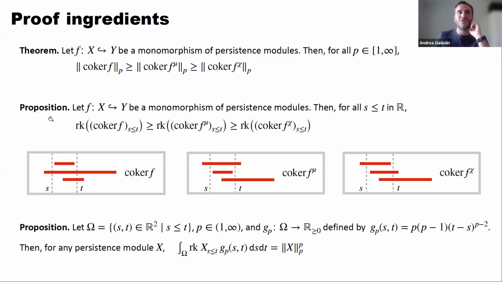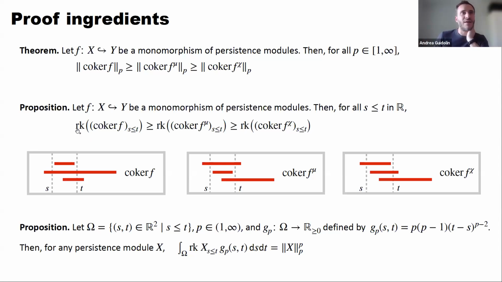We can use two propositions to prove this theorem. The first one is the following. Let F be a monomorphism between X and Y. And let's consider just two parameters, S and T, two real numbers. Then we have these inequalities between ranks of the internal maps, of the transition maps of the co-kernels.